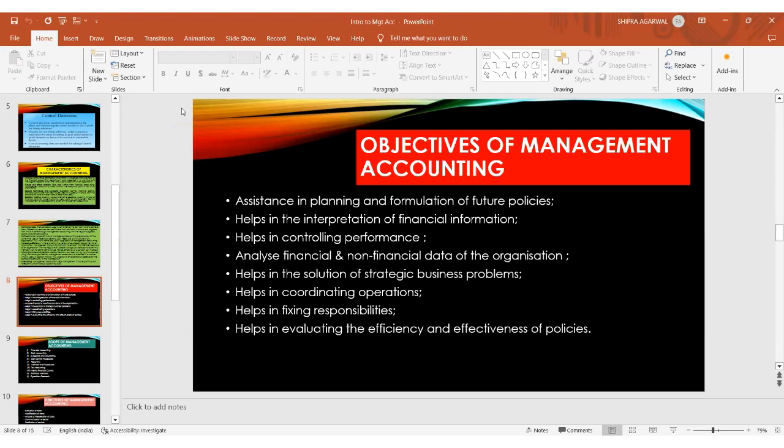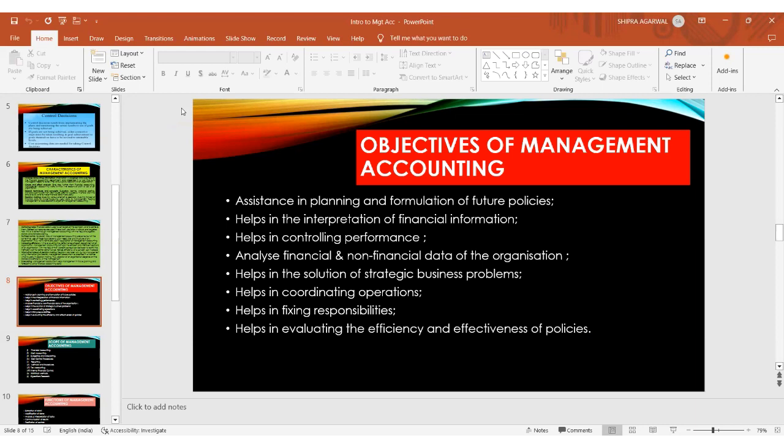So in that case, somewhere or the other, the organization will lag behind. Management accounting will also help you in that, because coordination is required at each and every level so that the overall work can be coordinated. Because I am doing my work, you are doing your work, but until and unless we coordinate, we will not be able to achieve the organizational objective.